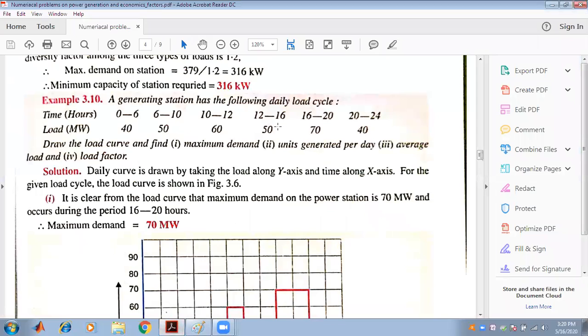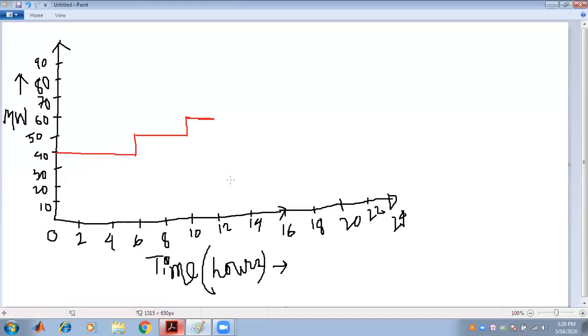For 12 to 16, demand is 50. Again, the demand is 50. From 12 to 16 means along this line, a straight line, from 12 up to 16, the demand is 50.